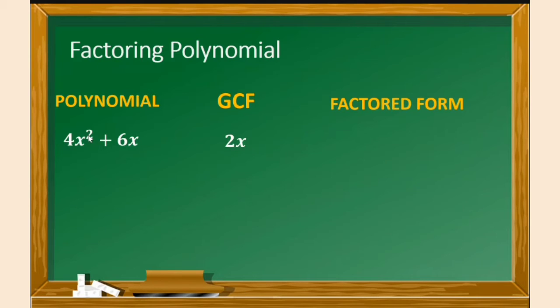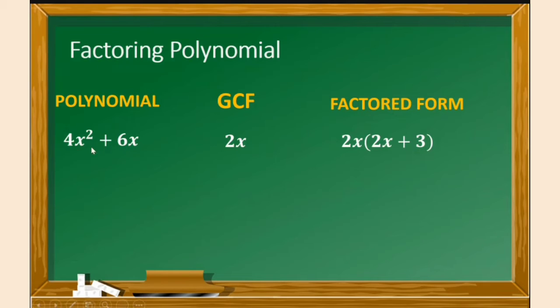So, ma'am, paano po ba kukunin yung factored form? Okay, pag nagpa-factor tayo, since meron na tayong GCF, kunin natin yung GCF, and then, using the GCF, i-divide natin dito sa original expression natin. Divide term by the GCF.